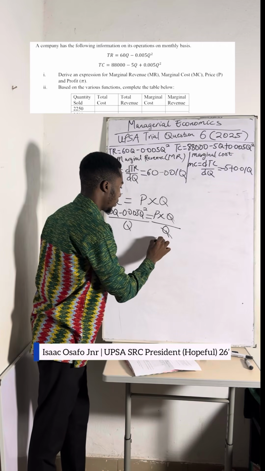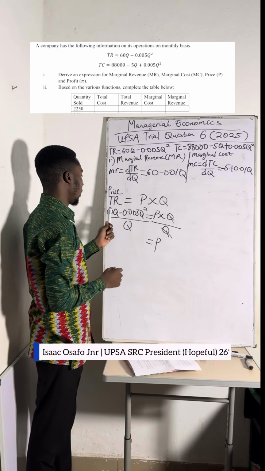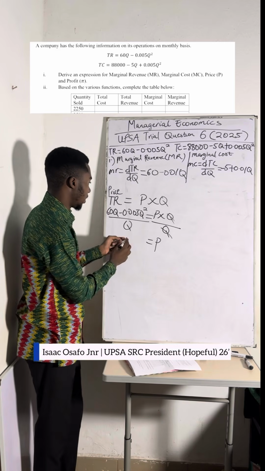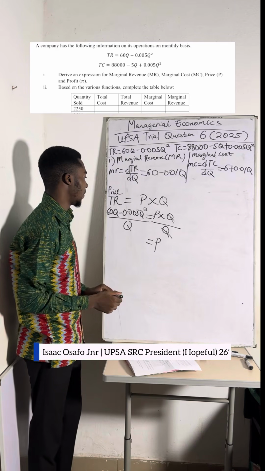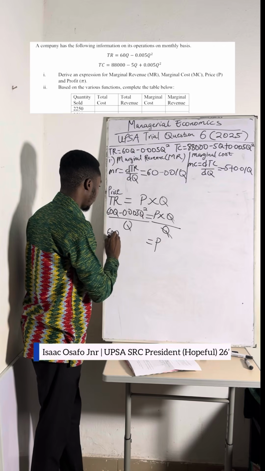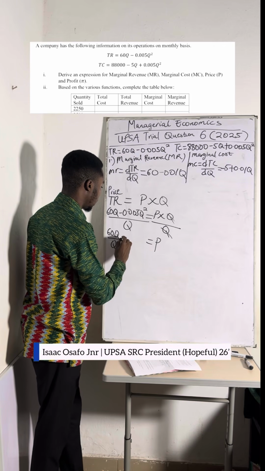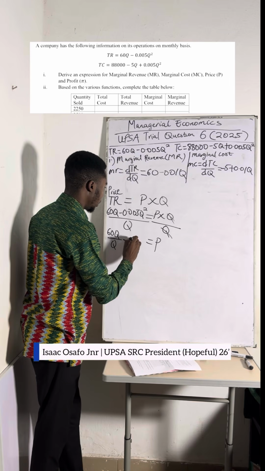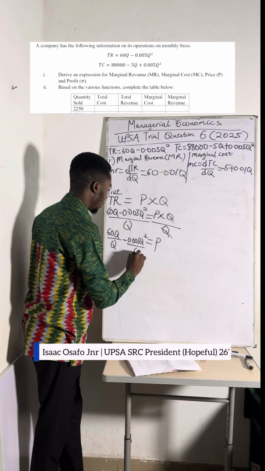So we are getting our price, or our P, to be equal to 60Q dividing the Q, and the negative 0.005Q squared, also dividing the Q. Let me do it step by step so that no one gets confused. So you have 60Q over Q, then minus 0.005Q squared over Q as well.